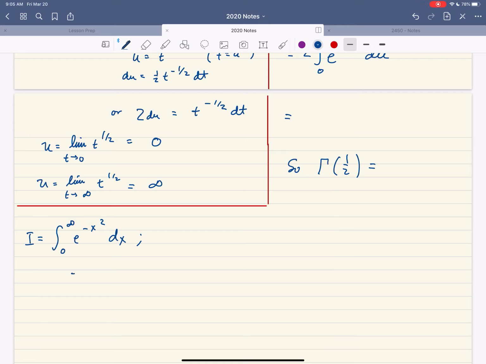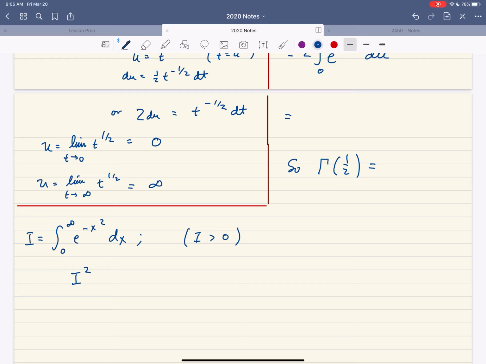What I'm actually going to compute is I squared. And I want to first point out that I has to be positive, because we're integrating a function that's positive over some interval. If you integrate a positive function, that integral is going to be that positive area. So the integral is going to be positive.